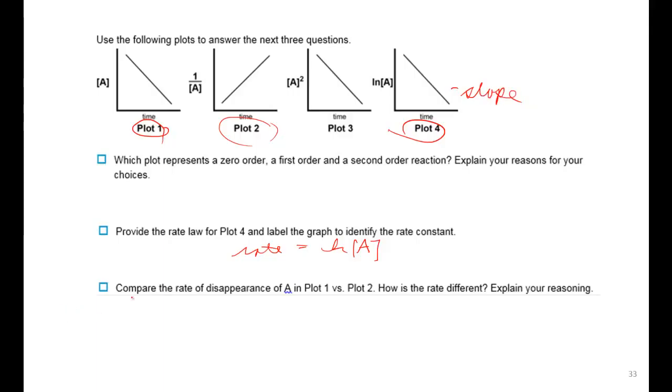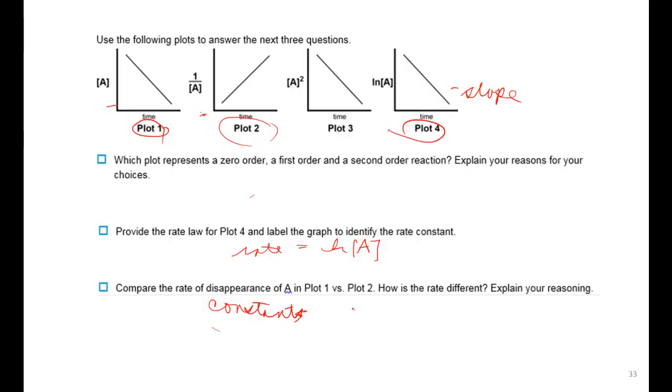Okay. Compare the rate of disappearance of A in plot 1 versus plot 2. Okay, so the rate of disappearance is constant here in plot 1. Okay, see, no change in the rate. Can't quite look at this plot and know, based on how it's plotted, what's happening to the rate of disappearance, but you know it's second order.